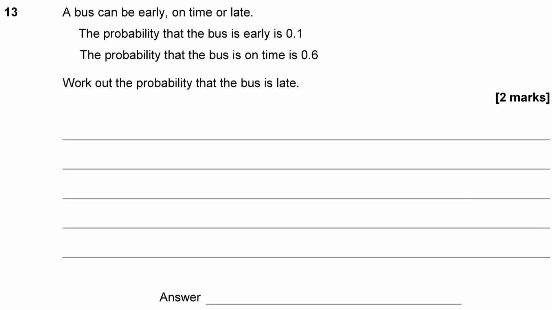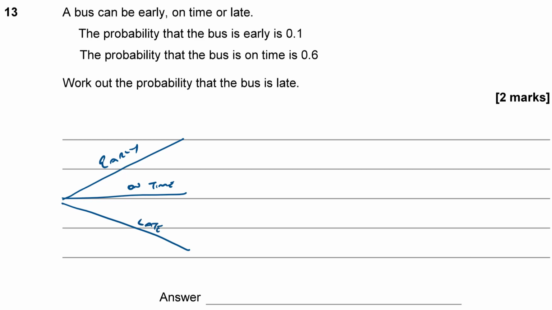Question 13. A bus can be early, on time, or it can be late. Now, the probability that the bus is early is 0.1. The probability that the bus is on time is 0.6. Work out the probability that the bus is late. Okay, so we had 3 choices then, didn't we? We can have that it is early, on time, or late.